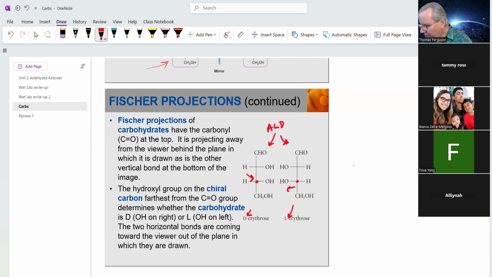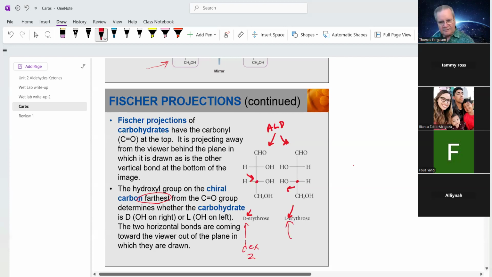The one farthest from the aldehyde determines whether this particular monosaccharide is either D or L. If it's to the right, think of D as in dextro, right-handed, and an L as in left hand, or going to the left.